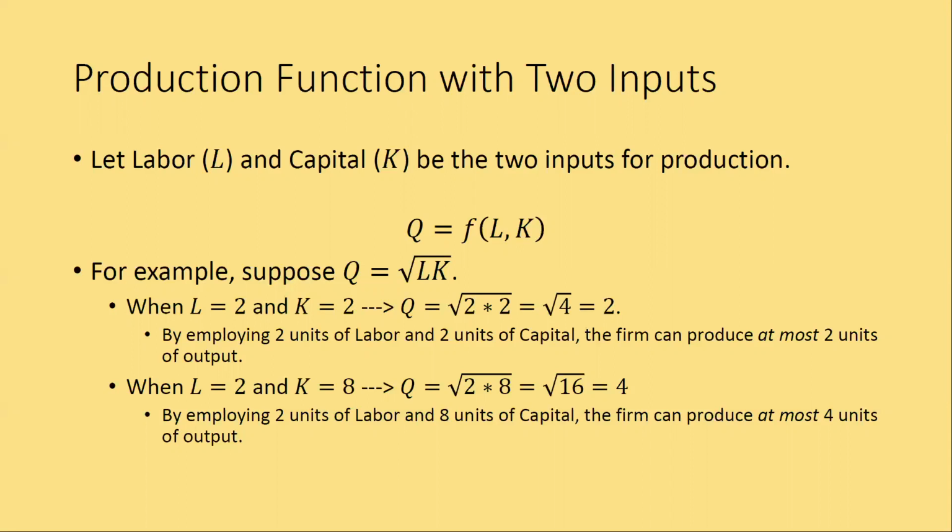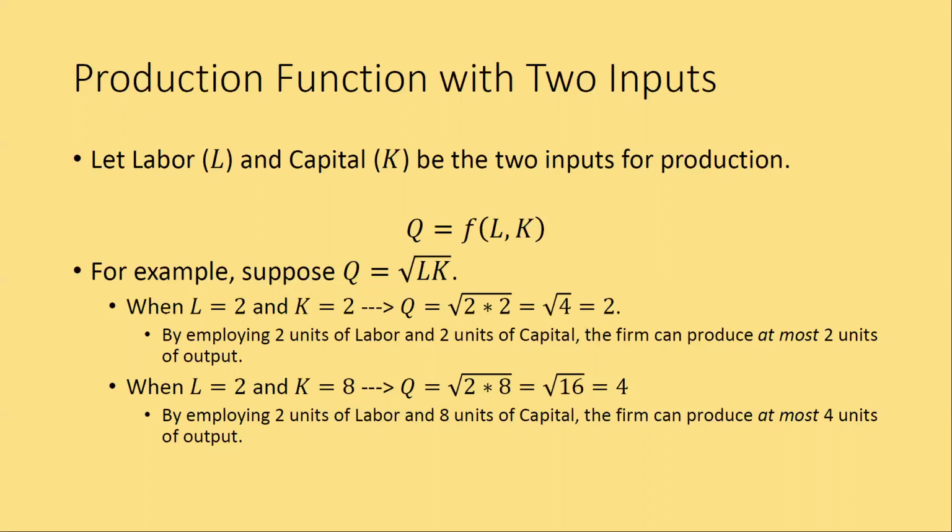So if the producer has a production function of 2 goods, we write Q equals F(L, K), and we can have different kinds of production functions. For example, if the production function is Q equals the square root of L times K, this is saying that when the firm employs 2 units of labor and 2 units of capital, we can substitute those values into our production function.